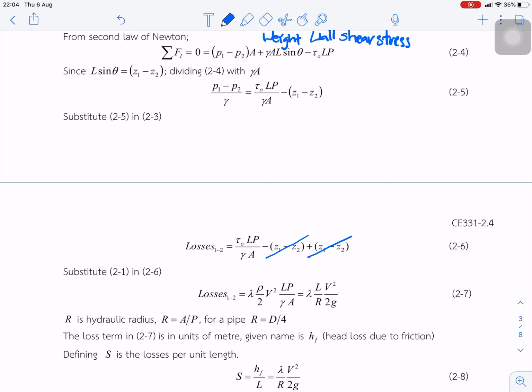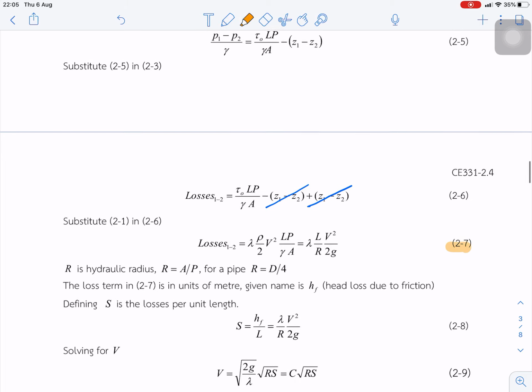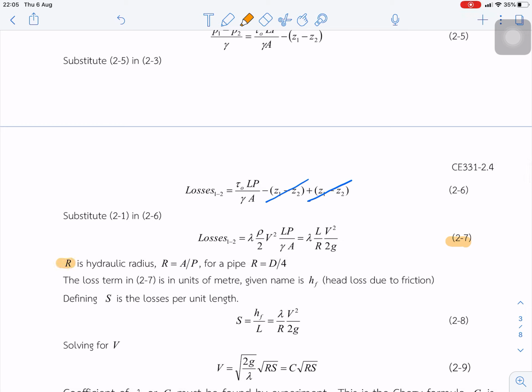So we substitute in equation 2-6, and we get equation 2-7. R is the hydraulic radius, R equals A over P, and for a pipe we proved from the previous clip that R equals D over 4.